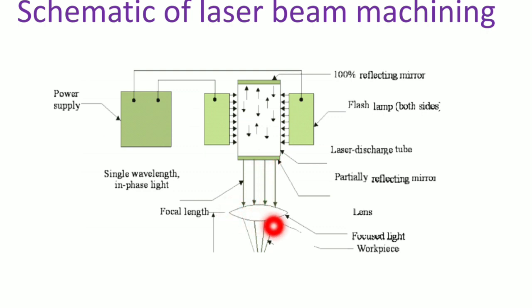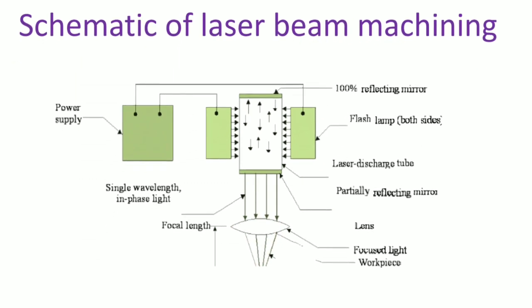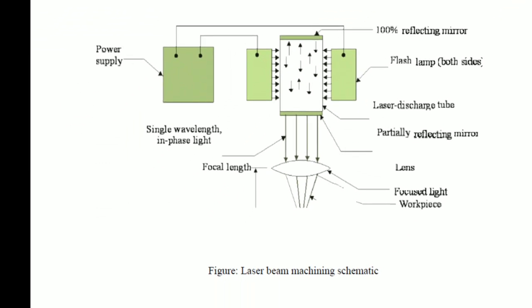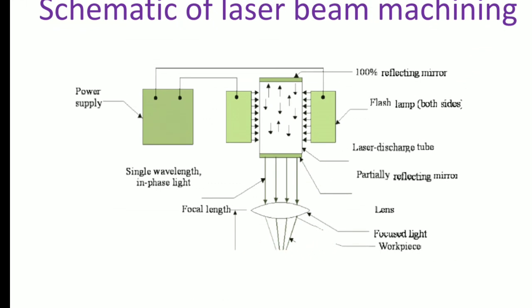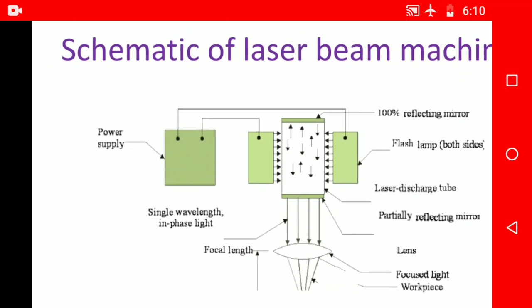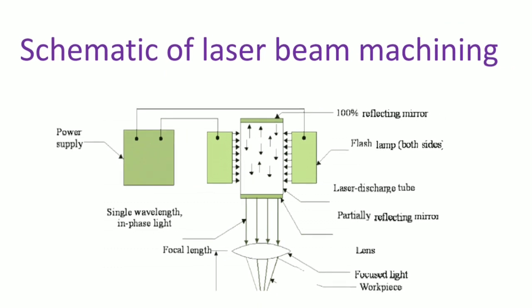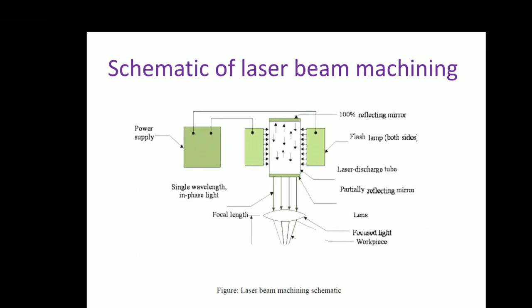this will be focused with the use of a lens of certain focal length. It will be focused on the workpiece, and the workpiece will be vaporized or melted to generate the required machining.